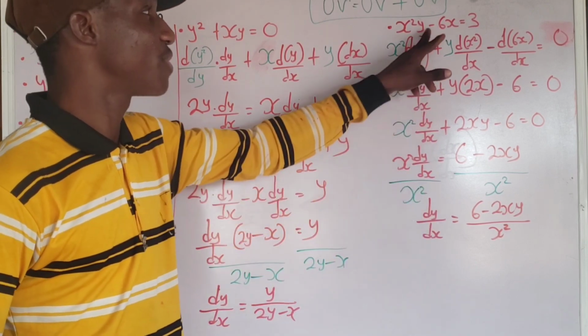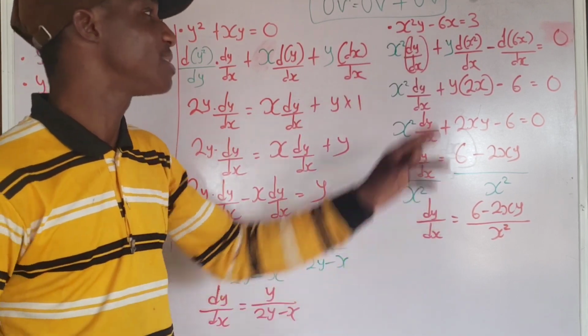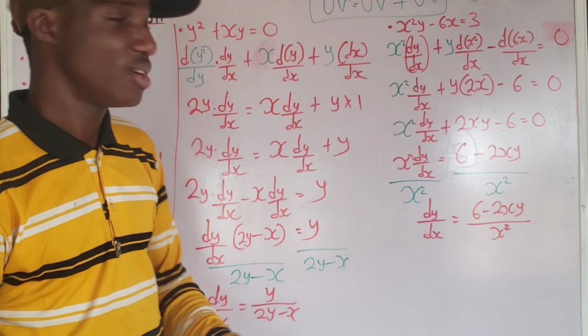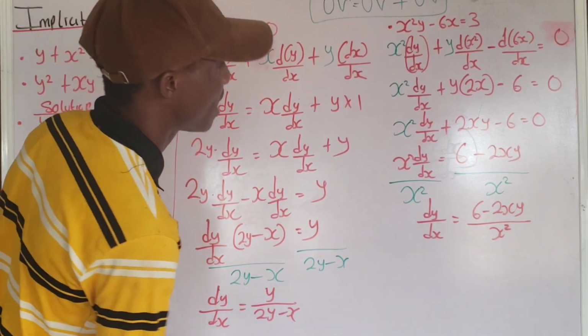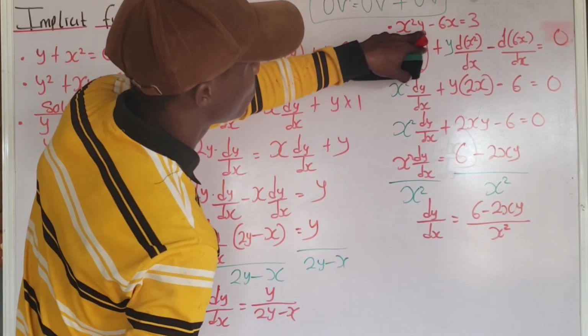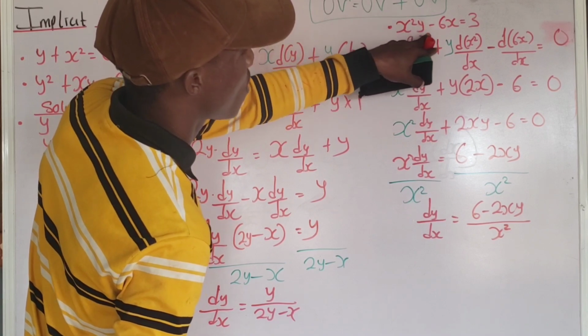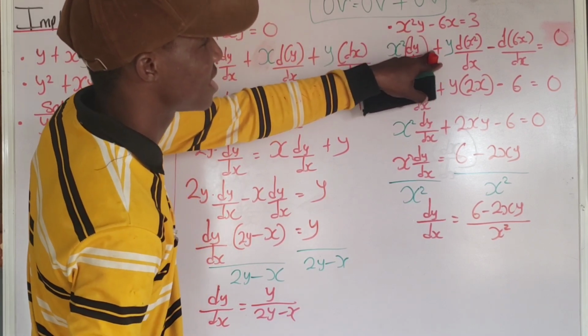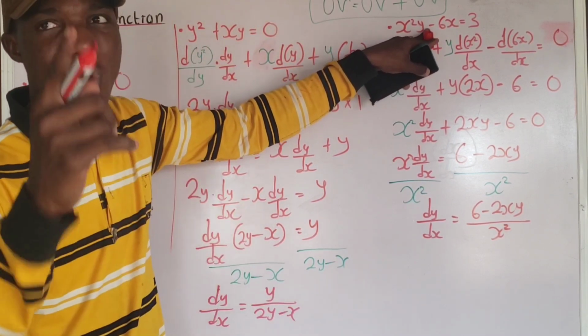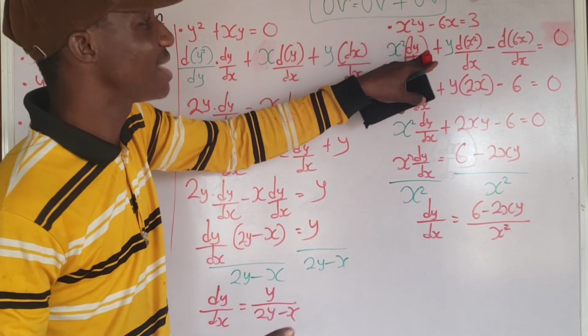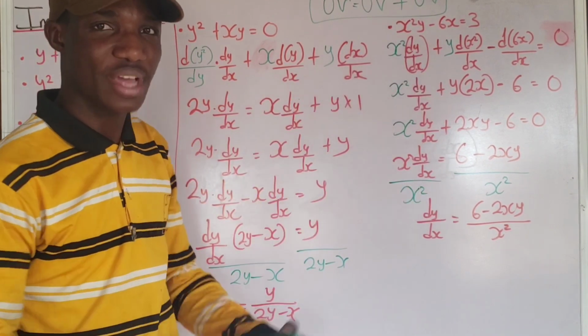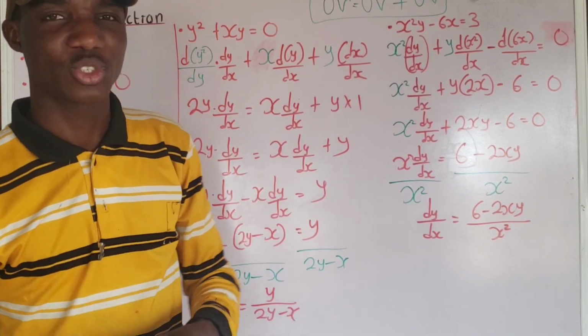If you differentiate y, you're going to have 1, so 1 times dy dx will give us dy dx. I'm very sure you understood.